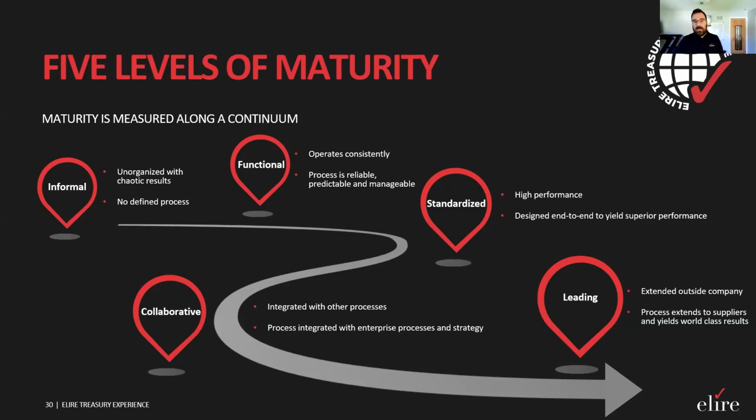How collaborative are your processes with other systems and other departments? And ultimately, maybe you want to strive to be leading, you want all your processes to be leading and extend outside the company. So this is how you have to approach this. You need to evaluate where you are and where you want to be.